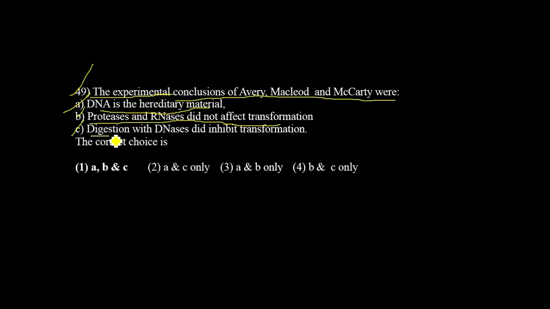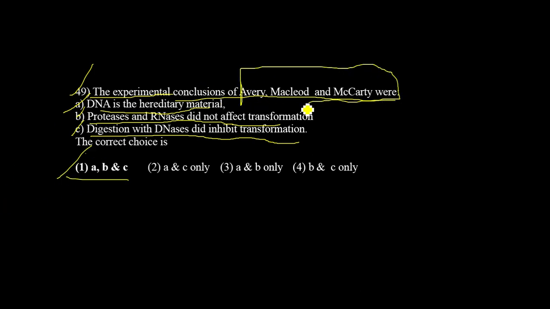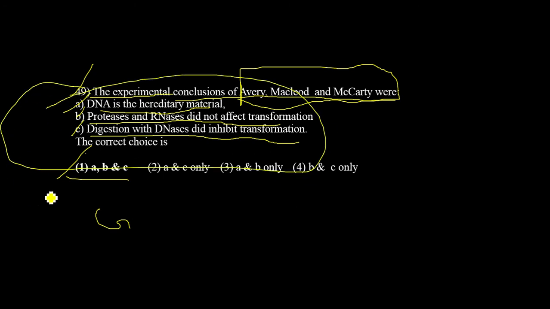C, digestion with DNase did not inhibit transformation. All three are correct, hence option 1 is our answer. Here Avery, McLeod and McCarty, these three scientists, gave experimental evidence for Griffith's transforming principle, in which they identified these three statements. Hence question number 49, option 1 is our answer.